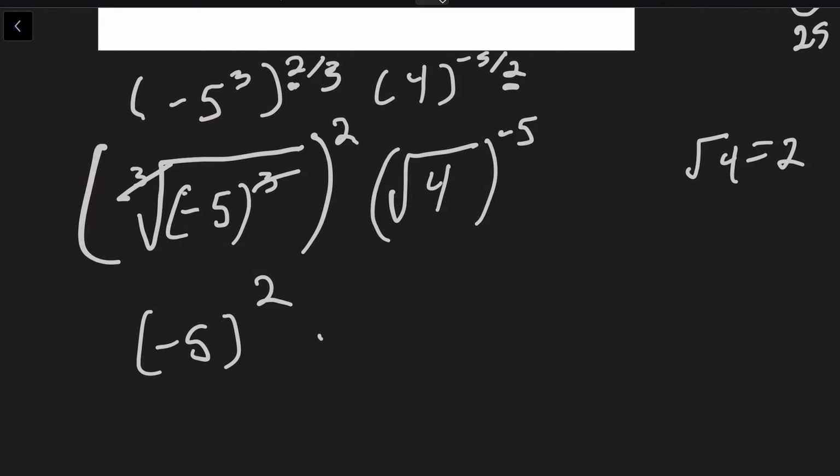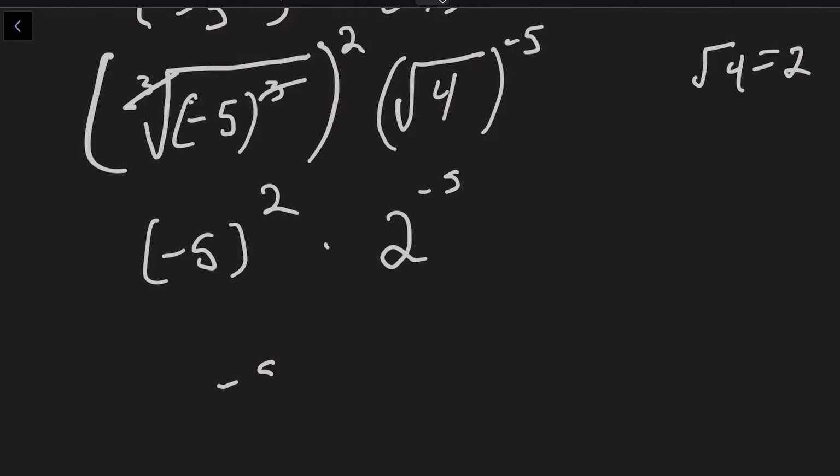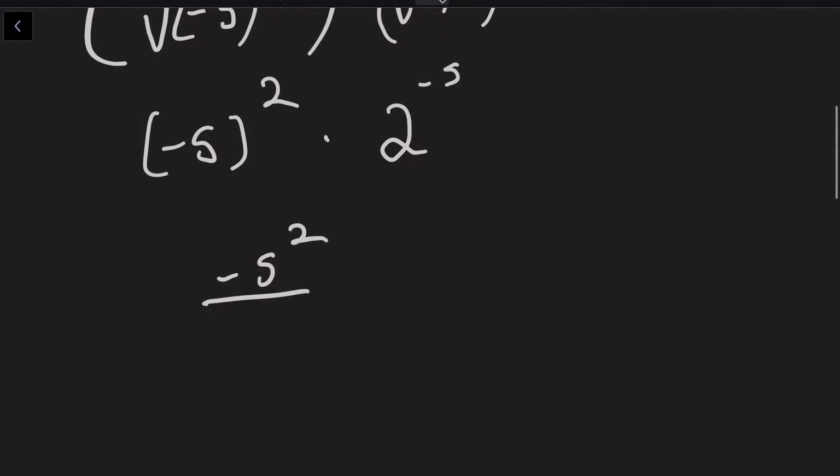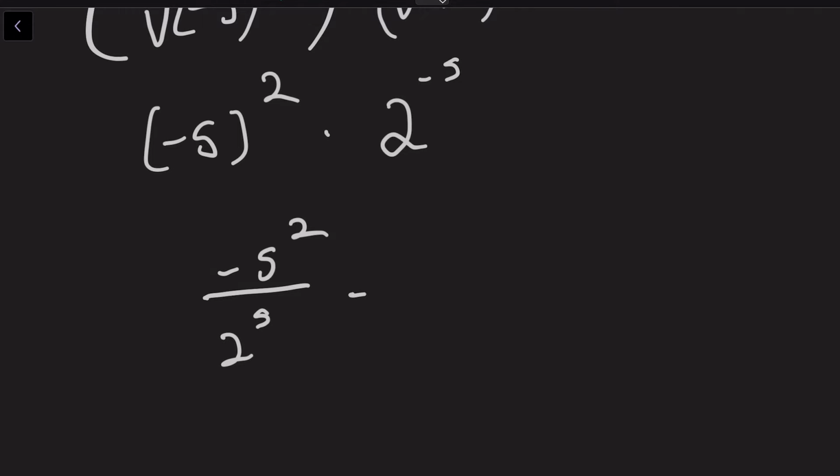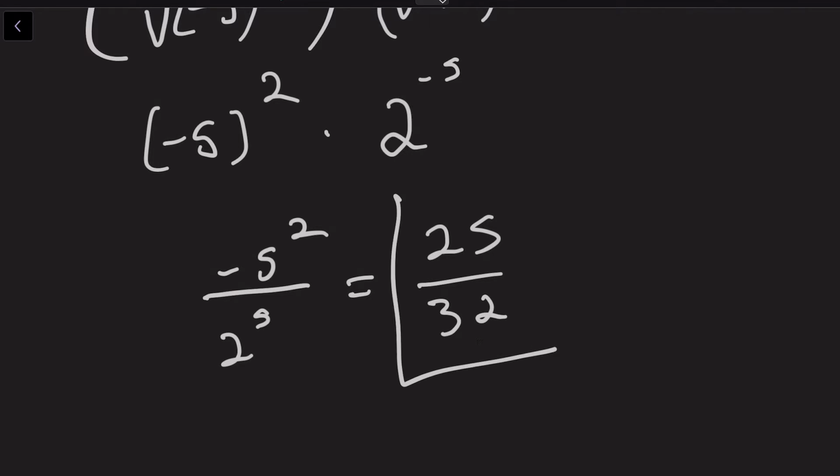So we have 2 raised to the negative 5th. When we have a negative exponent, we put it on the denominator. So this becomes negative 5 squared over 2 to the 5th. Negative 5 squared is 25, and 2 to the 5th is 32. That is our final answer.